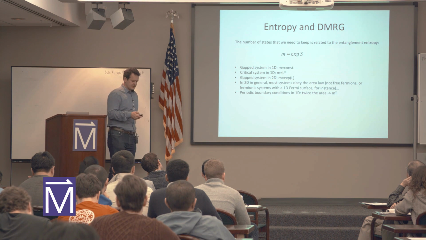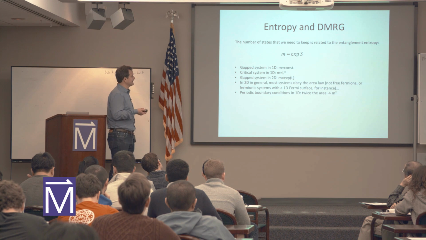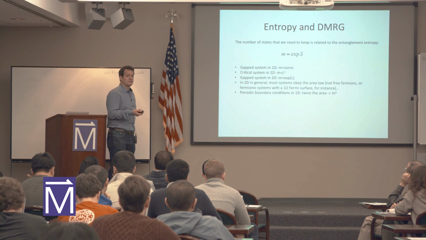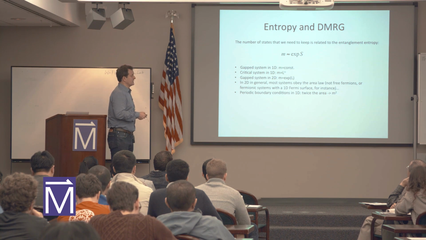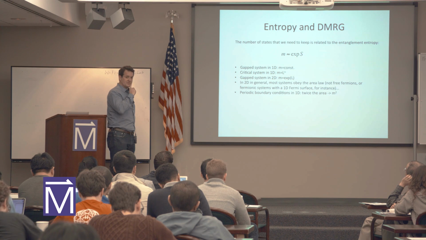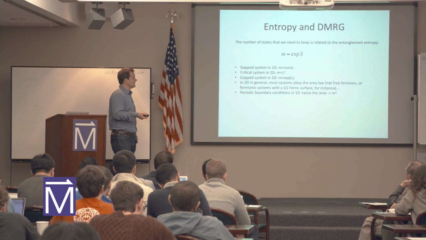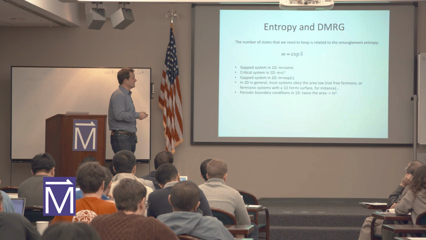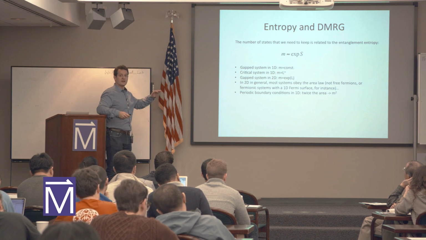So basically, this is how the entanglement entropy determines the efficiency of DMRG. It turns out that the number of states that we need to keep is proportional to e to the S, where S is the entanglement entropy. So for a gapped system in one dimension, that means that at some point the entanglement entropy saturates beyond the correlation length.